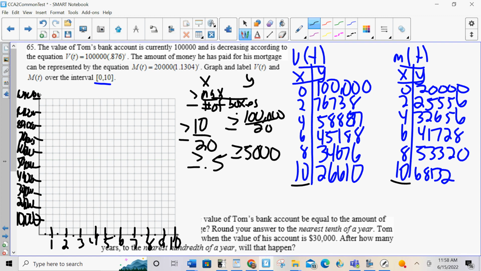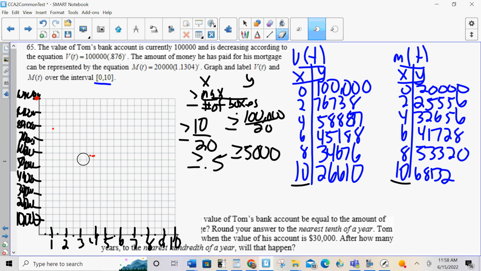Now we plot the points. Let's do V of t: 0, 100,000; 2, 76,000. It does not have to be exact, but it should be in between the appropriate boxes. 4 is 58,000, so a little bit less than 60,000. It is hard to do it on this little grid here.